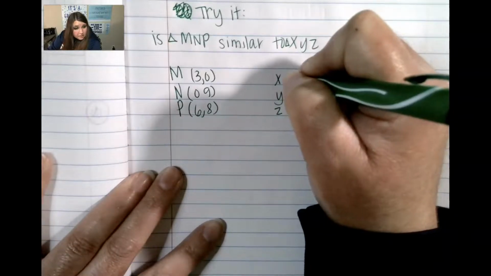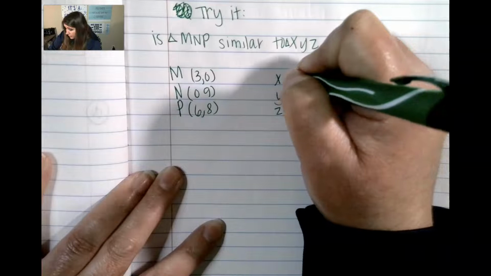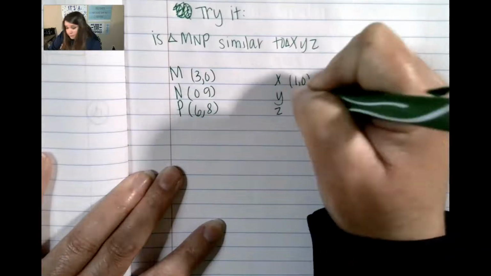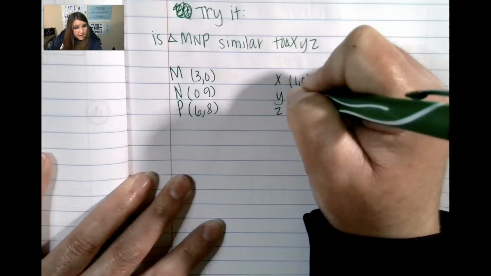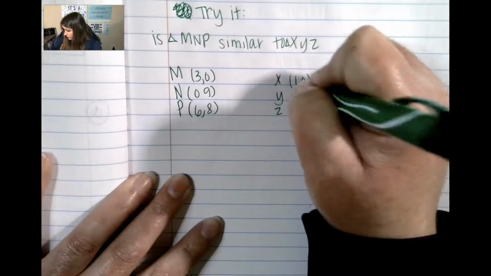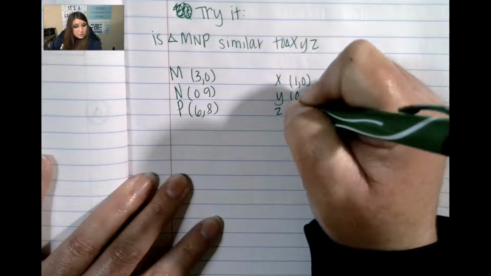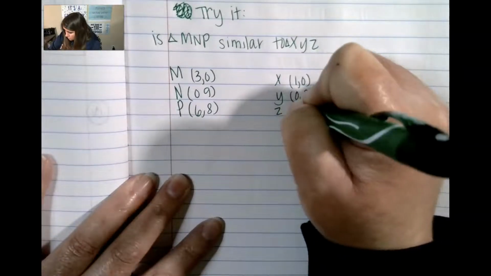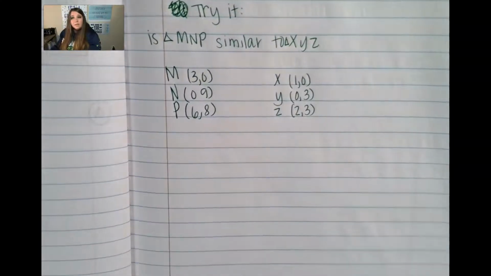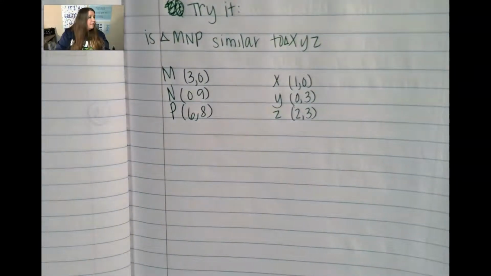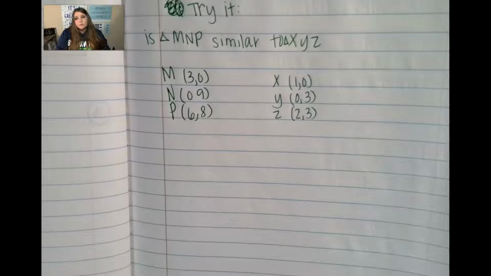X is at 1, 0. Y is at 0, 3. And Z is at 2, 3. All right, go ahead and hit pause right now so you don't hear me solving. And then when you are ready, come on back to the Google Meet and check your work.